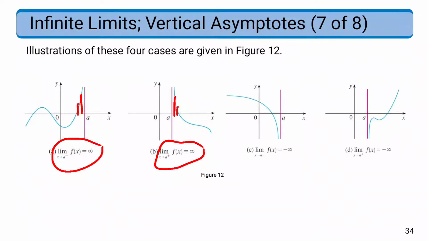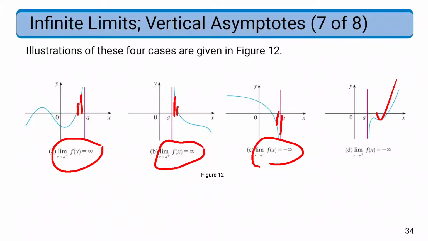On the number c, you can see that as we get closer to a from the left, the values of the function get negatively large. So we can say the limit of f of x as x approaches a from the left is negative infinity. The same thing with the last option.